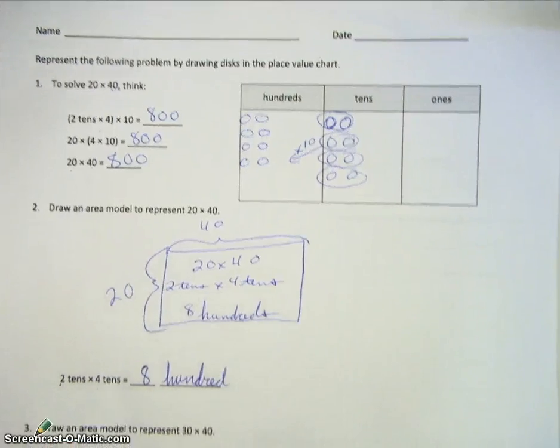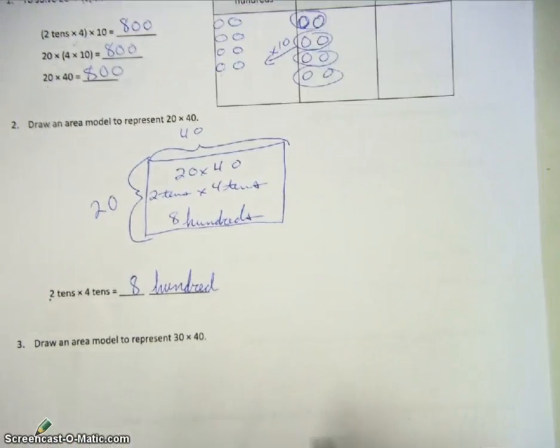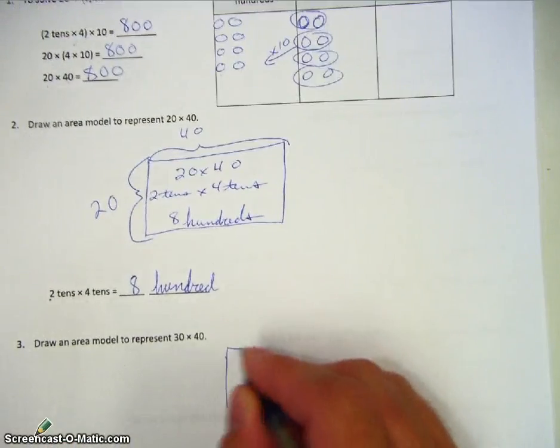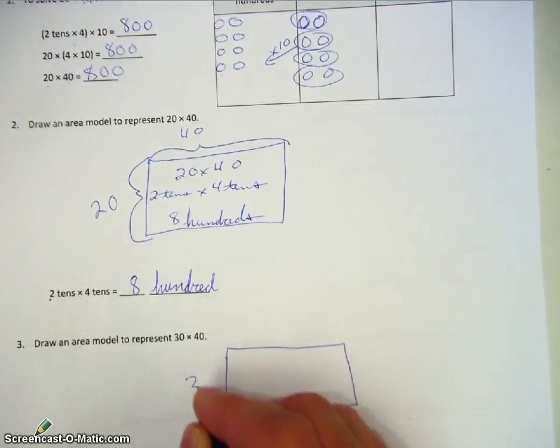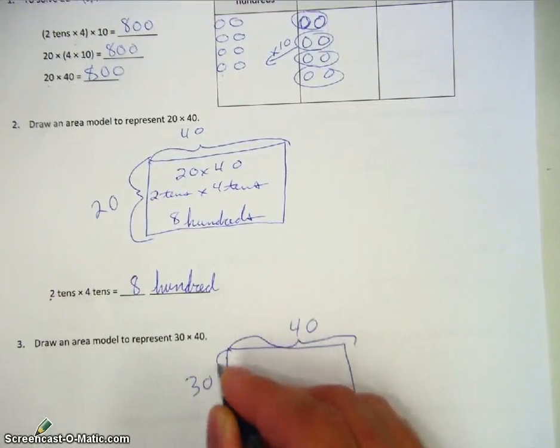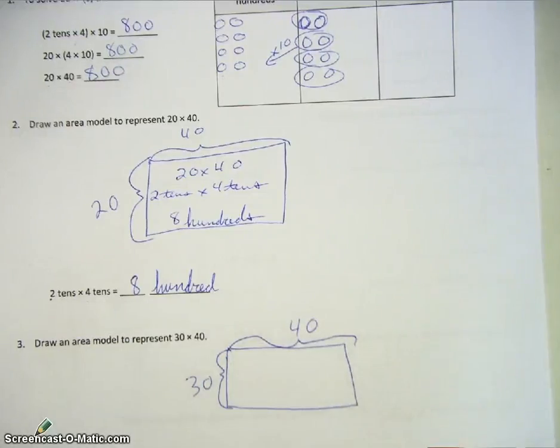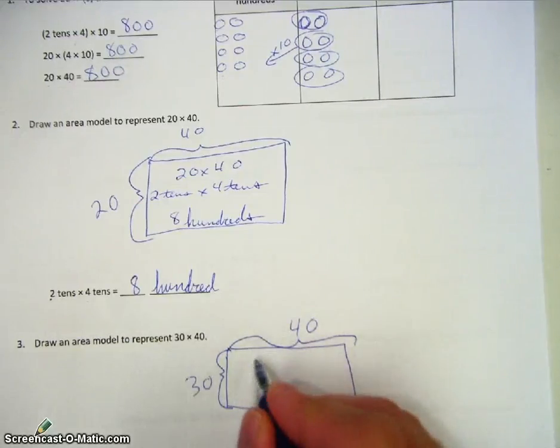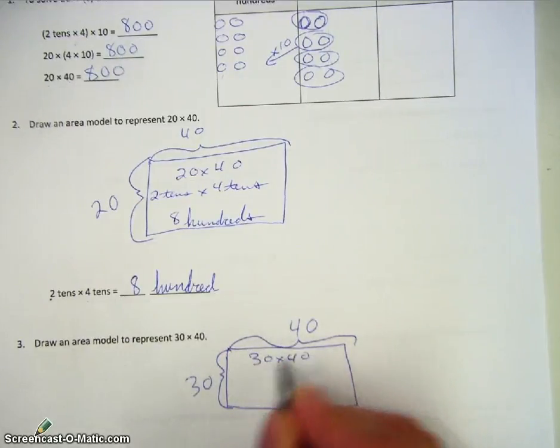Next we look at 30 times 40. So let's draw another area model. We'll draw a rectangle that's 30 by 40. Now we have 3 tens times 4 tens.